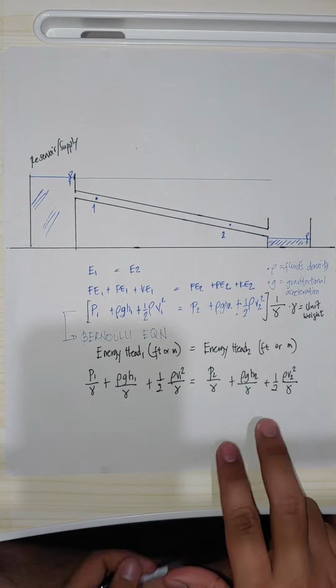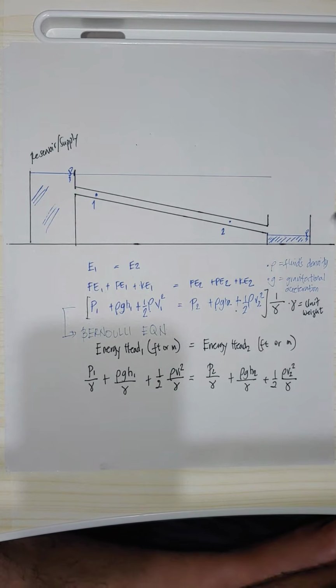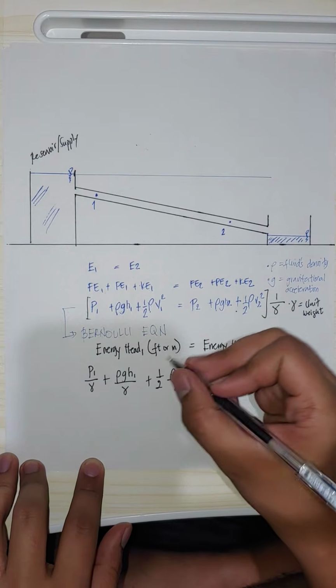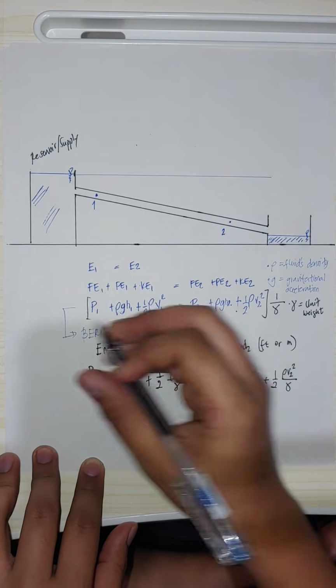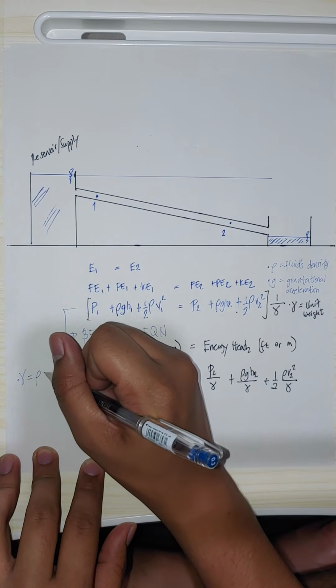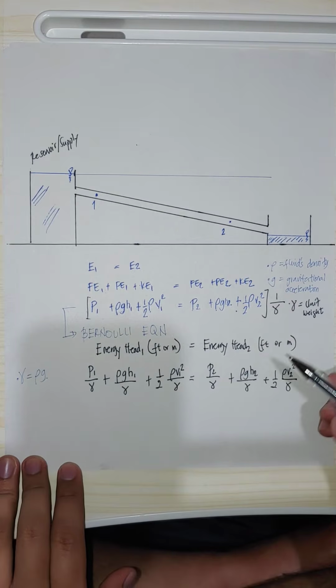What is the relationship of gamma? The unit weight and the density are related. If you remember, the unit weight is equal to rho, the density, times the gravitational acceleration.